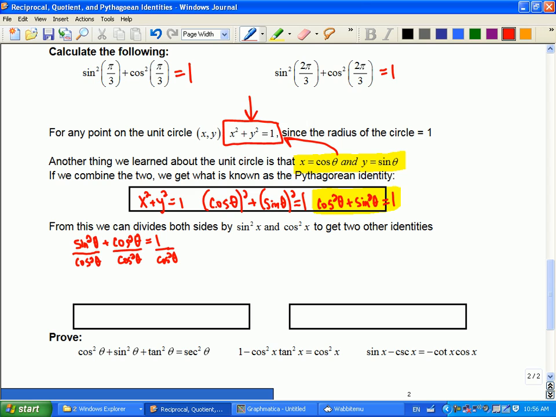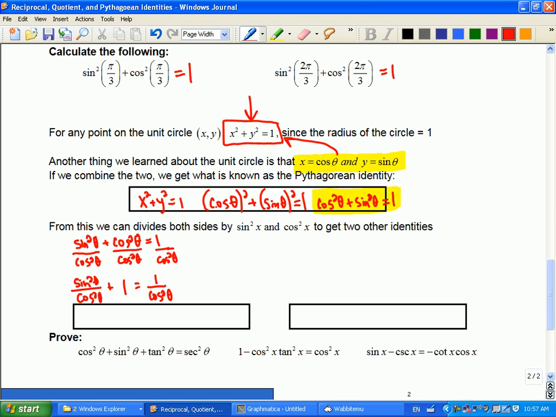So now that I've divided everybody by cosine squared, I'm going to simplify this expression. So this is going to be sine squared theta over cos squared theta plus 1 equals 1 over cosine squared theta.